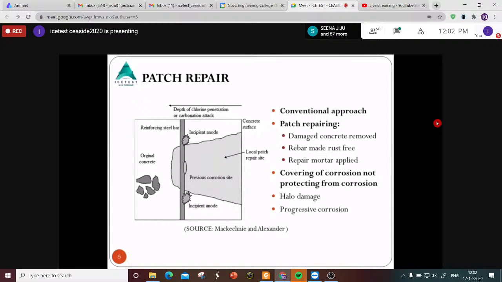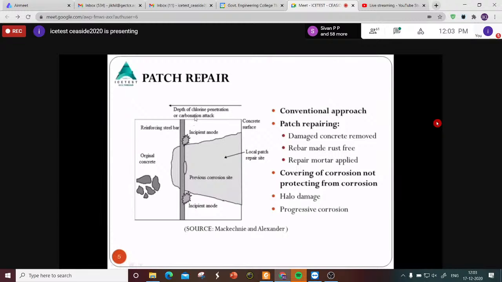Halo damage is nothing but the formation of an incipient anode. Now I'll explain what it is. When a patch is applied on the surface, this is the new concrete and this is the older concrete. So through this older concrete, corrosion can again trigger, and this portion of the rebar can be formed as the anode, and this becomes the cathode.